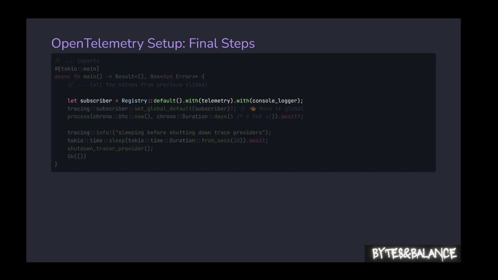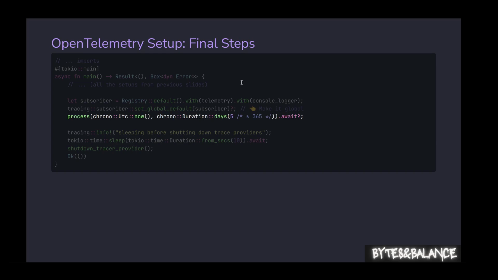Then we have the set global default function that makes this combined subscriber the default for the entire application. This means that any tracing events, logs, or spans from anywhere in our code will be handled by this subscriber. This is how we make it global.